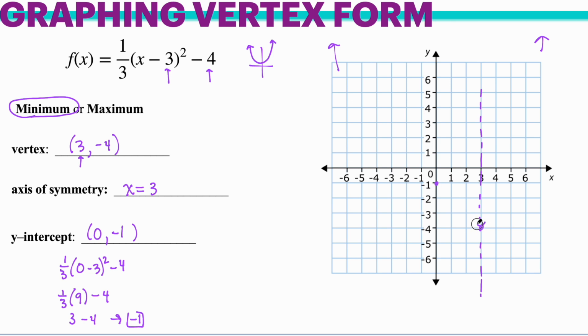So I know that this will curve down here, and it will curve in some way to go through (0, -1) and then go up, and on the other side it's going to do the same thing. If I went left 3 and up 3, I'm going to go right 3 and up 3, so I know it's going to hit about right there as well, and then go up from there. And that is a rough sketch of what that parabola will be.